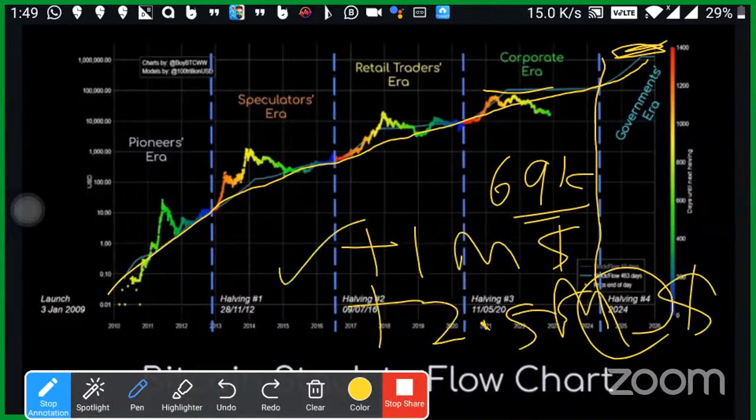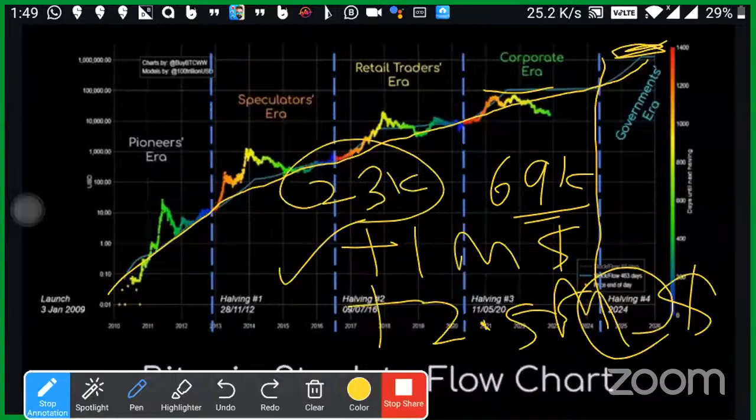So will you believe me if I told you that the Bitcoin you just bought, what is the current price of Bitcoin? It is around 23K, right? We are saying around 23K, and it touched this one previous year.